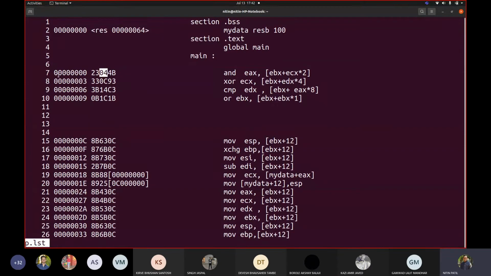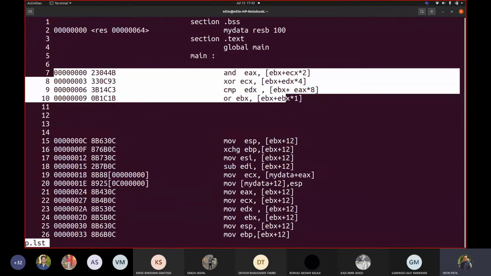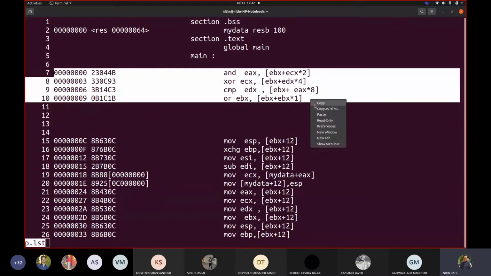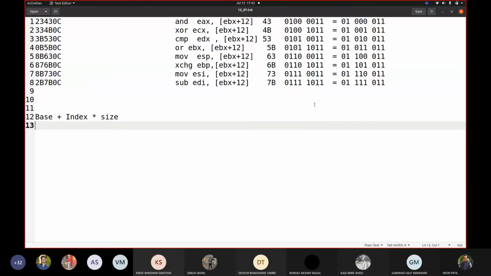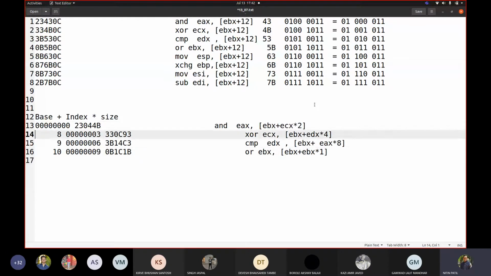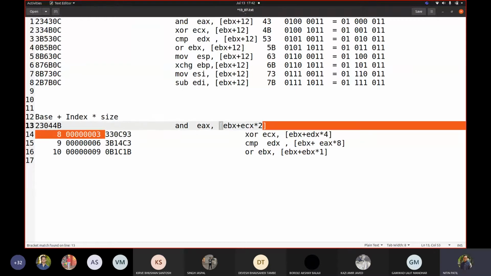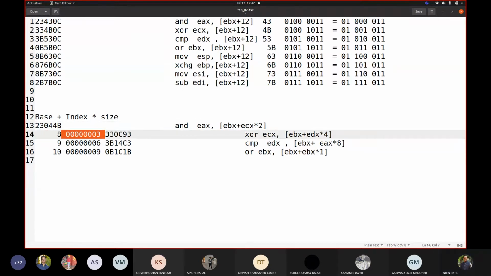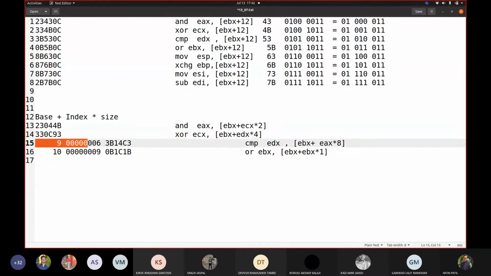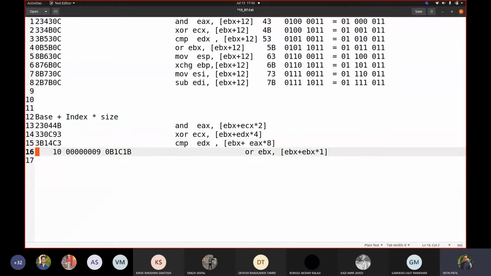Let me pick these 4 instructions and add them here.